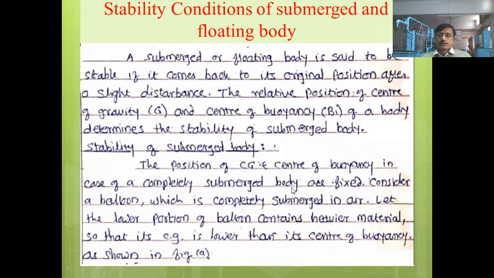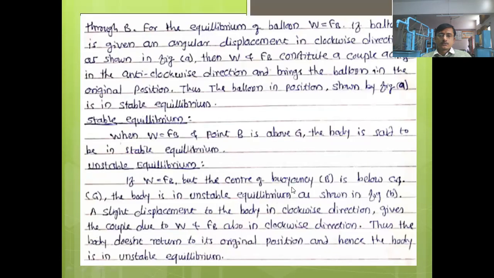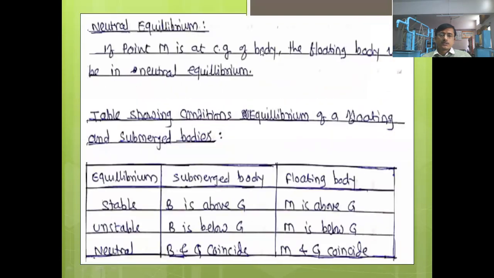After writing this title, write down this table. Prepare a table of 3 columns and 4 rows. Give the column titles: equilibrium condition, then submerged body, and floating body. In the first column, write the equilibrium conditions: stable equilibrium condition, unstable equilibrium condition, and last, neutral equilibrium condition.